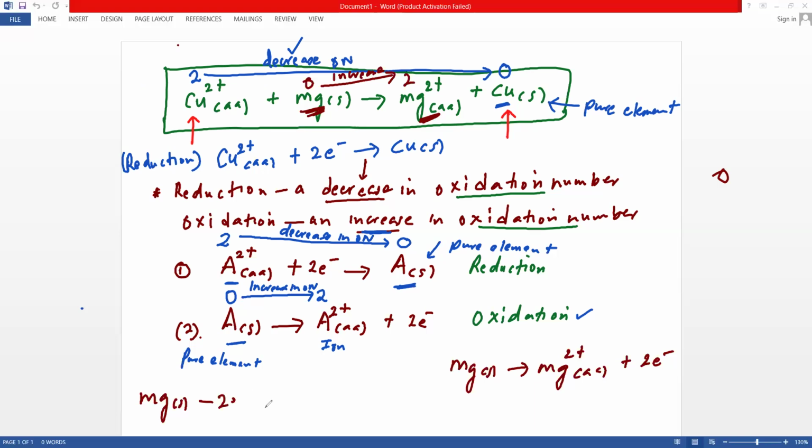If you transpose this, then we'll have this. It's all the same thing. So you need to understand the two in the context of oxidation number and also electron transfer. Very, very important. And these are multiple choice questions, so you need to understand that.